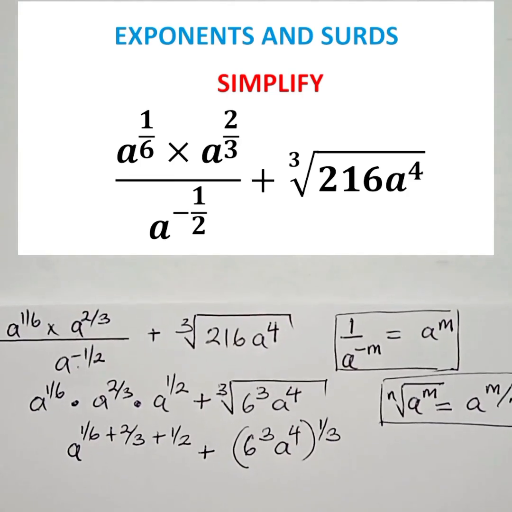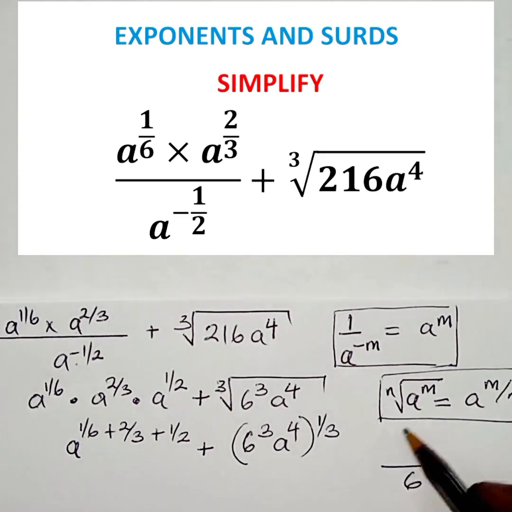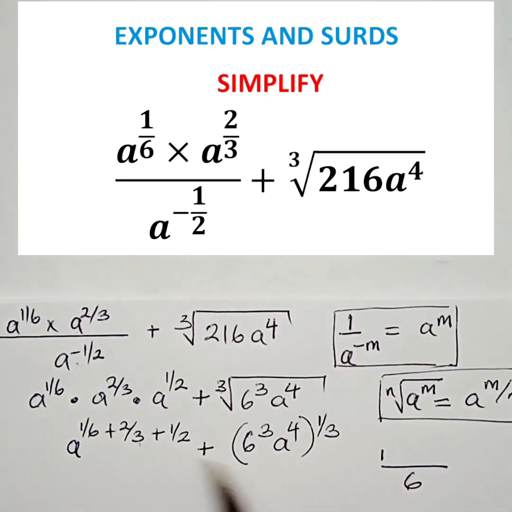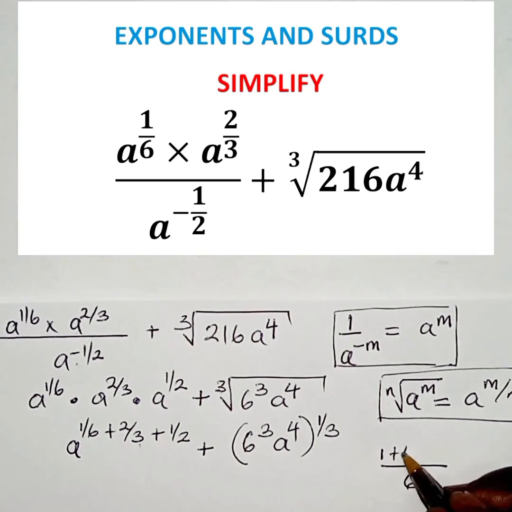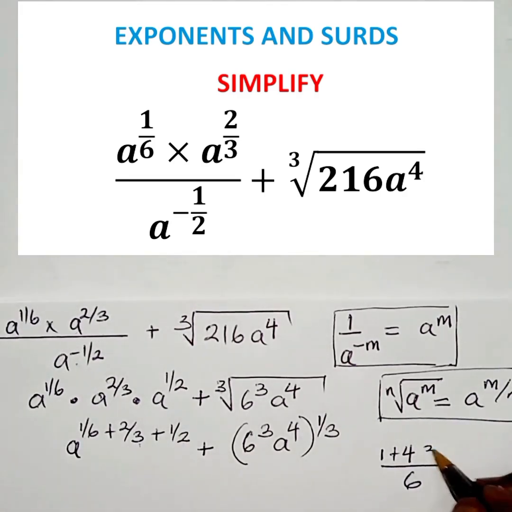Right now we need to add the exponents for this part. We can just do it. Common denominator is 6. Then 6 into 6, that's 1. 3 into 6, that's 2 times 2, we get a 4. 2 into 6, that's 3 times 1, we get a 3.